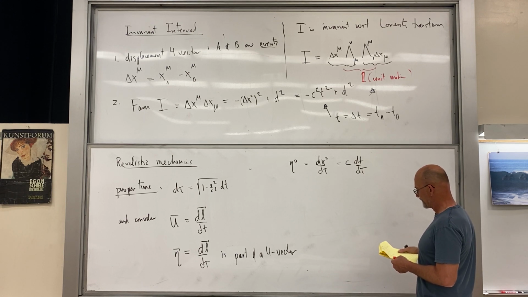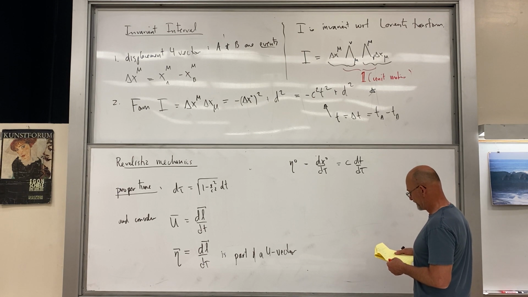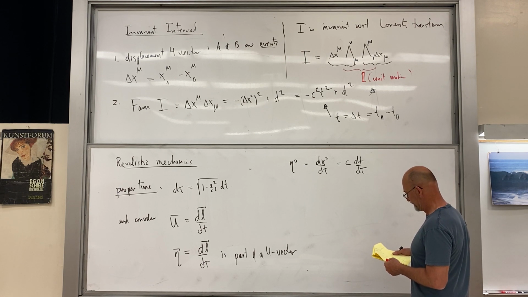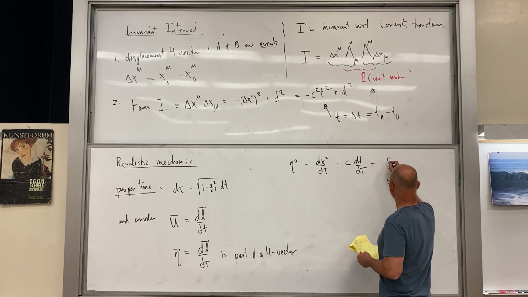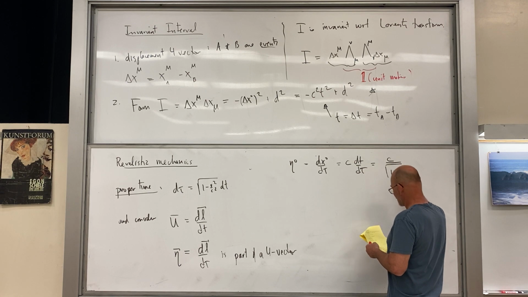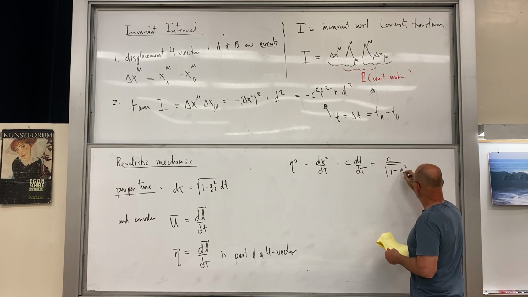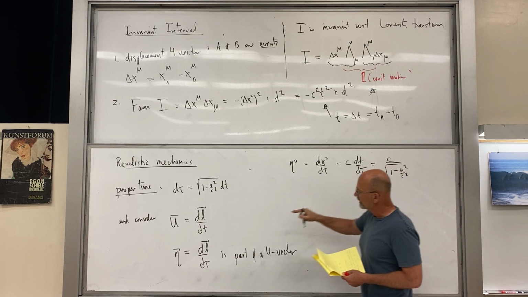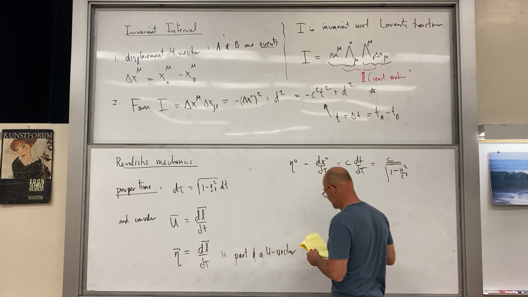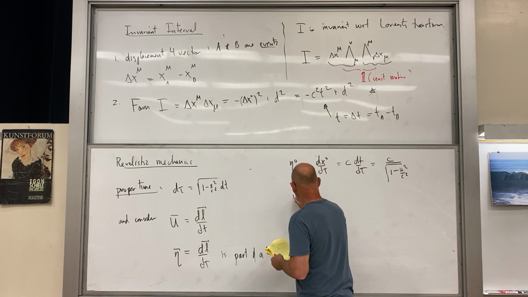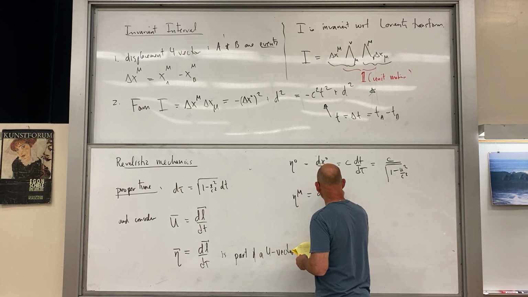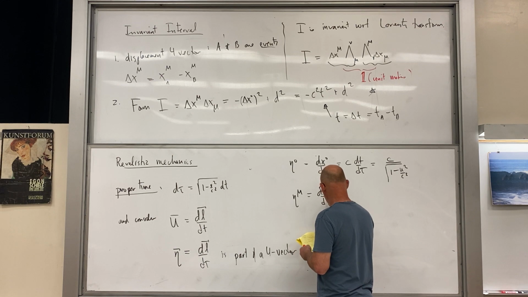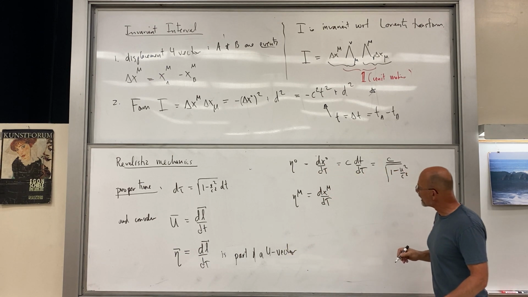So that's c over root 1 minus u squared over c squared. So we're using the u as the velocity right there.